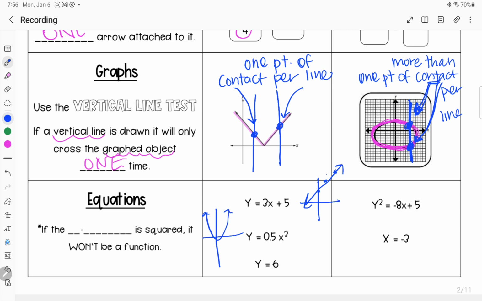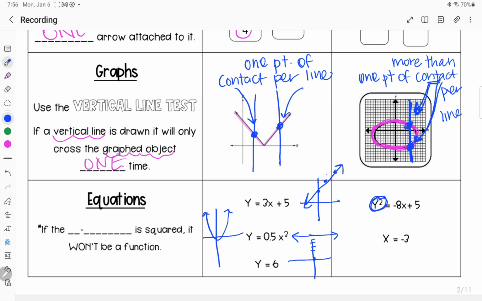And the answer is 1 time. So that's why this one is a function. This last one says y equals 6. Well, if this is 0, 0, where y is 6 would be like this. It's going to be a straight line just like this. And again, if I were to draw a vertical line, it's only going to cross this blue line right here 1 time. So that's why all 3 of these are functions.